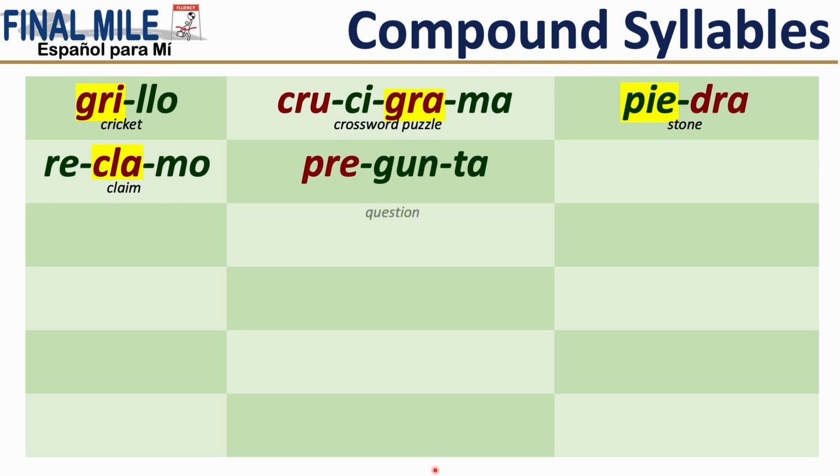Reclamo. Pregunta. Okay, that does not sound like gun, right? I mean, it's like your brain has been looking at these 3 letters all your life and saying gun. Now we have to train it to say gwun. Pregunta.